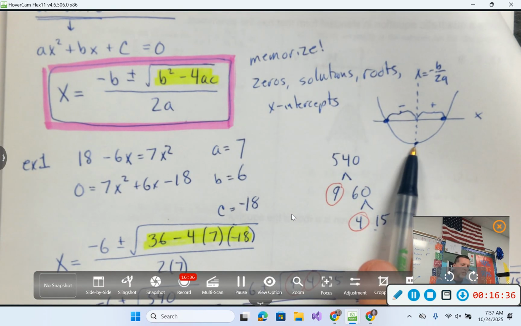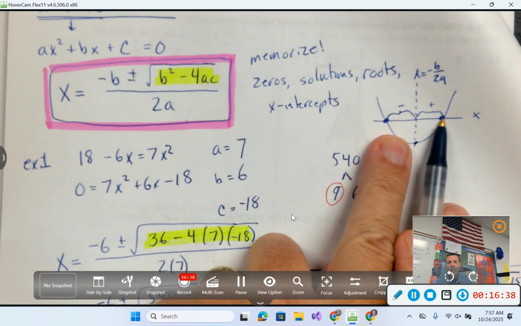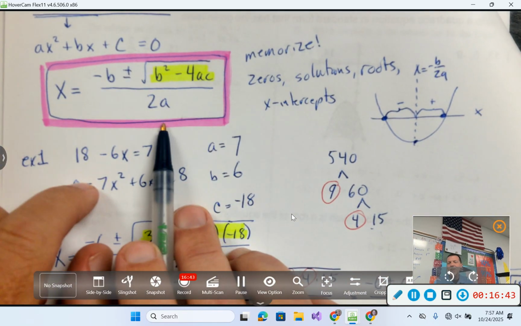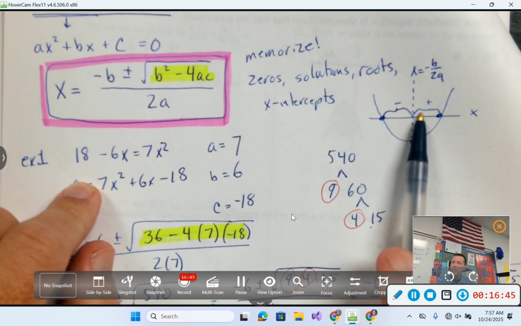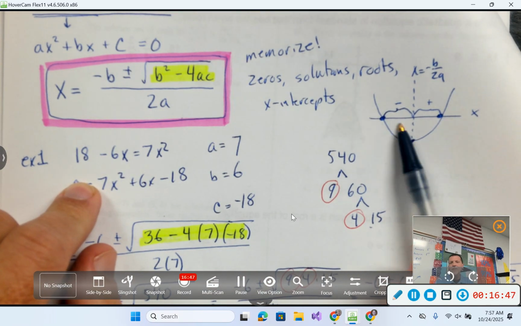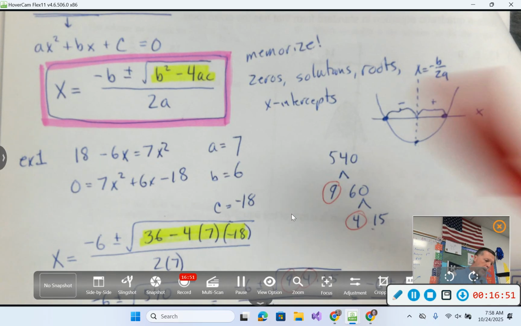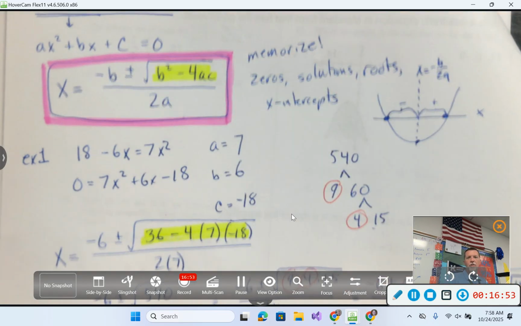So negative b over 2a plus or minus the square root of b squared minus 4ac all over 2a. I mean, that's a lot of stuff. But for some people, seeing a little picture connects the negative b over 2a part to the rest of it.